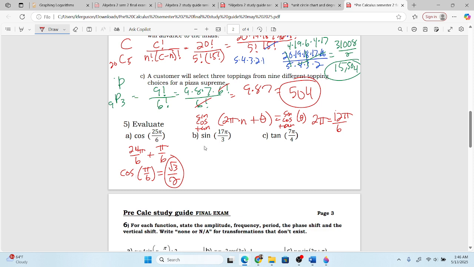So now I'm looking at thirds. So, well, 2 pi for thirds is what, 6 pi? So how many times is 6 going to go in there? 6 goes in there 12 times. So it's 12 pi over 6 plus, and then how many are left over? 5 pi over 6. So let's go over here.